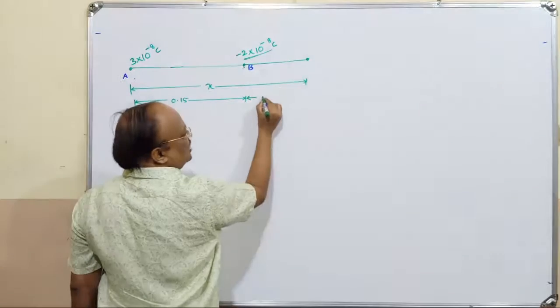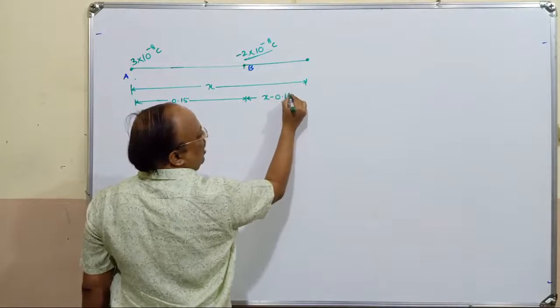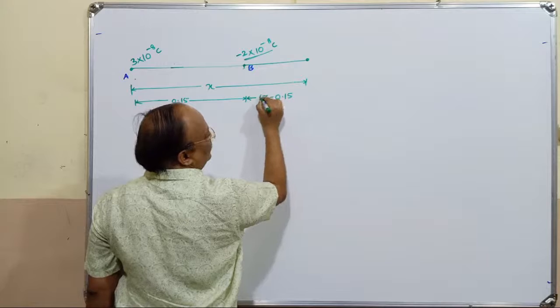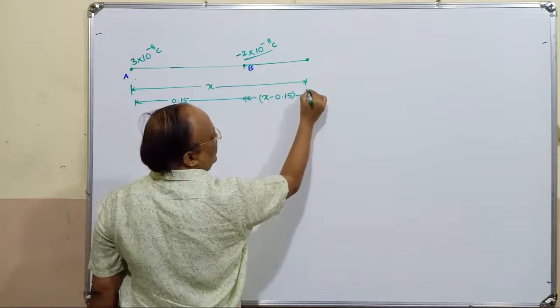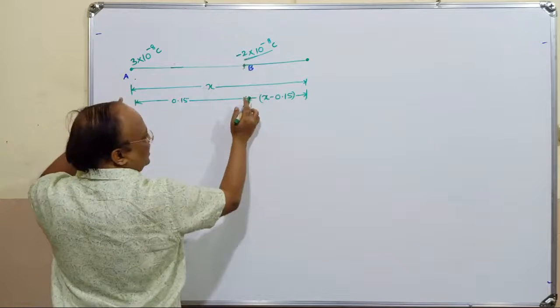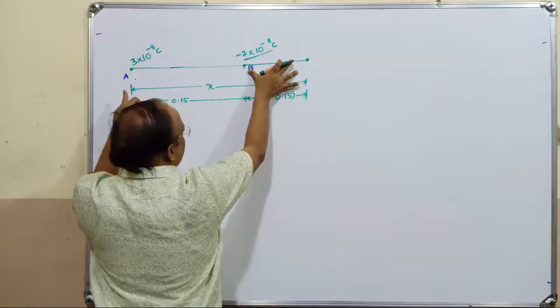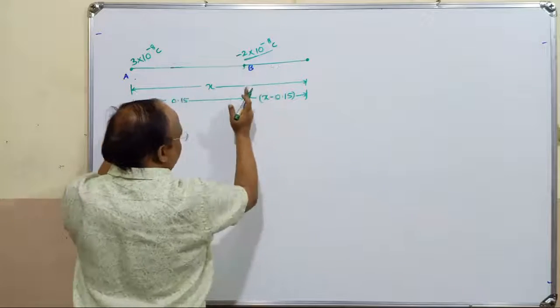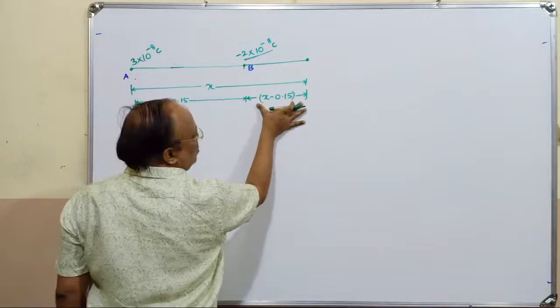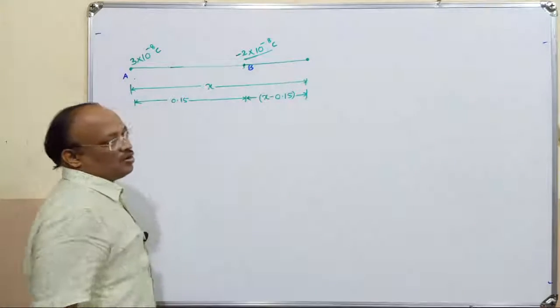It is at a distance of x minus 0.15. Total is x, till here it is 0.15, so the length of this will be x minus 0.15.